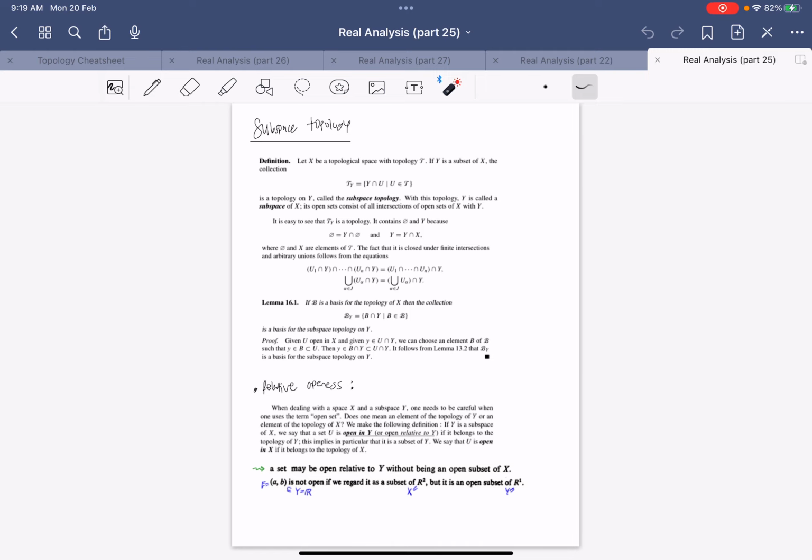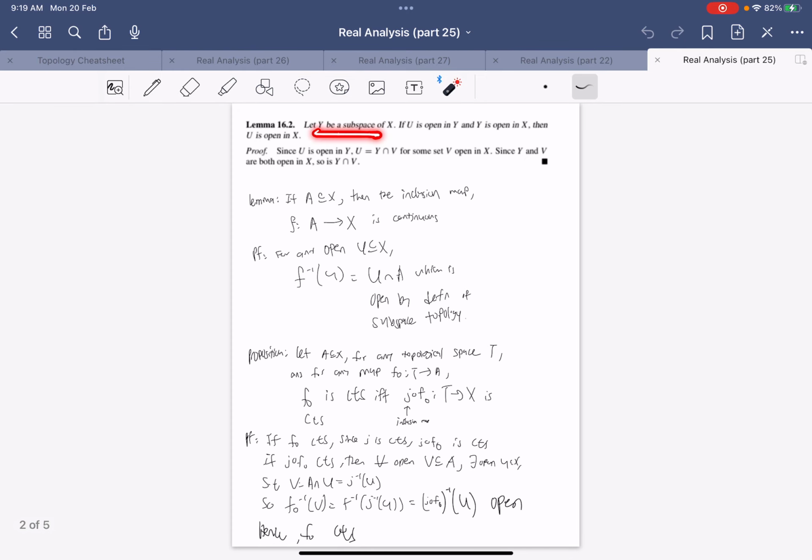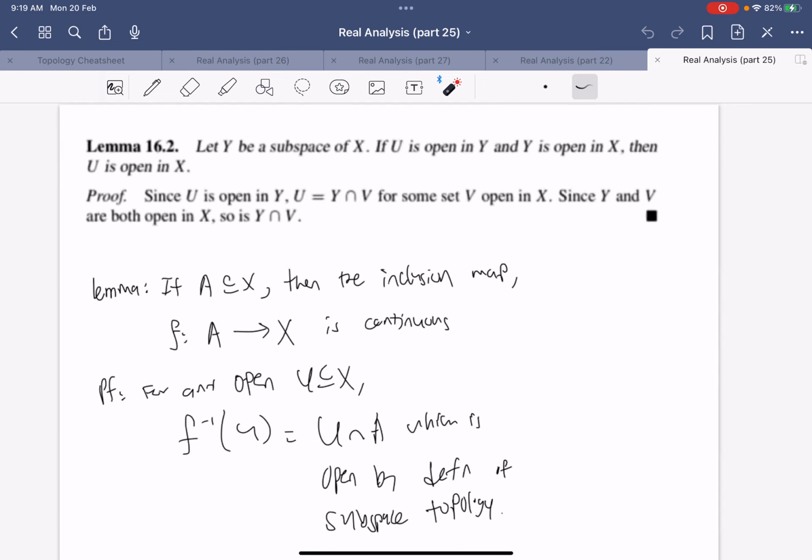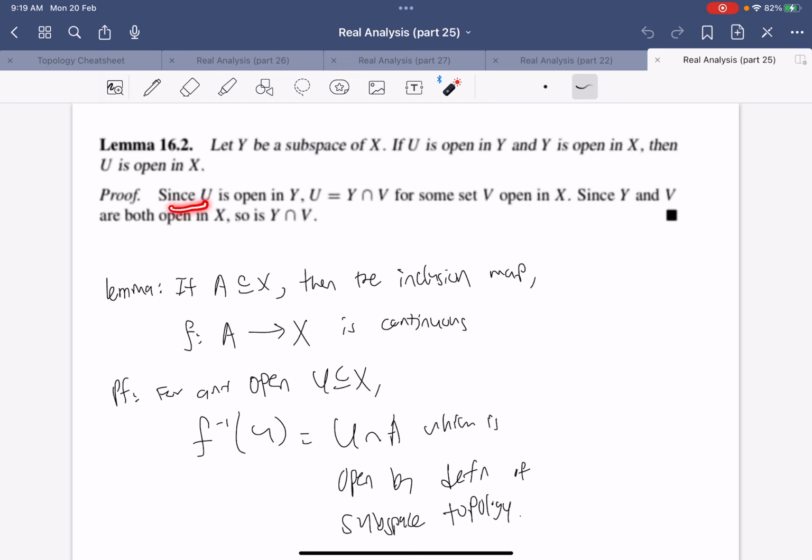And so when will it be? Well, if Y is a subspace of X, meaning it is given the subspace topology, then if U is open in Y and Y is open in X, then we can confirm that U will be open in X. And the proof is simple because U equals Y intersect V, where V is open in X. Y is open in X, and so U, being a finite intersection of open sets, will also be open, and we are done with that.